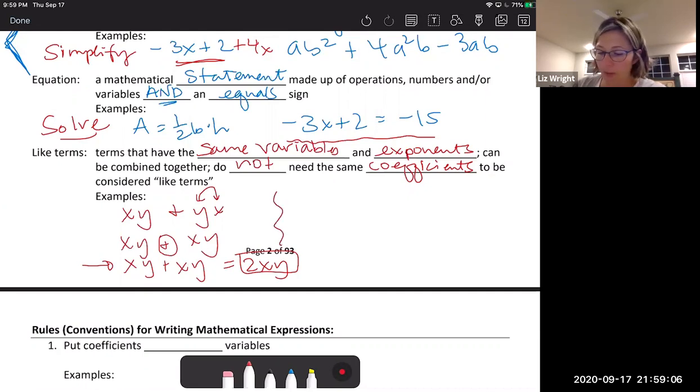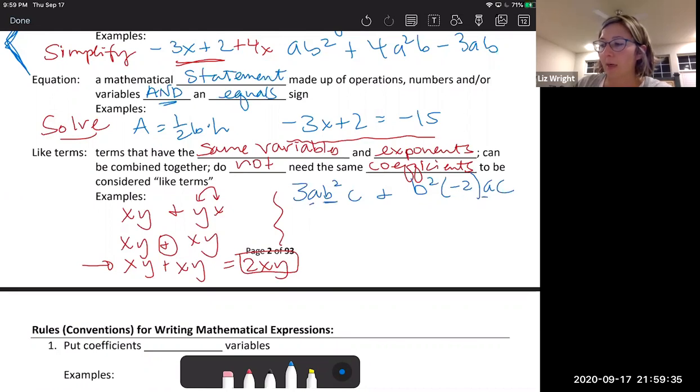Another example in here, I'm going to change colors. We could have 3ab squared c and b squared negative 2ac. So I know you might be looking at that and saying, wait, how can that be like terms? Again, look at the variables, look at the exponents on those variables. So there's an a. Is there an a to the first power in this one? Yes.